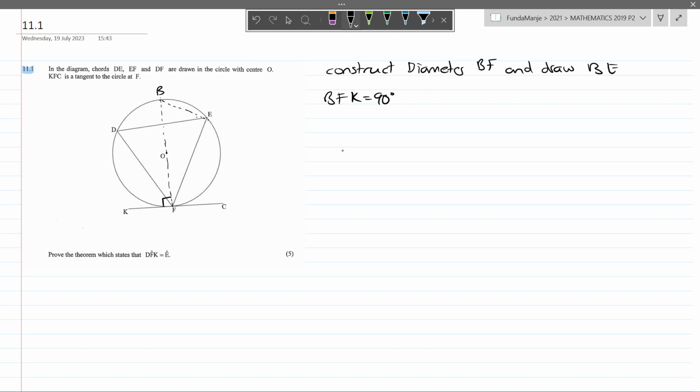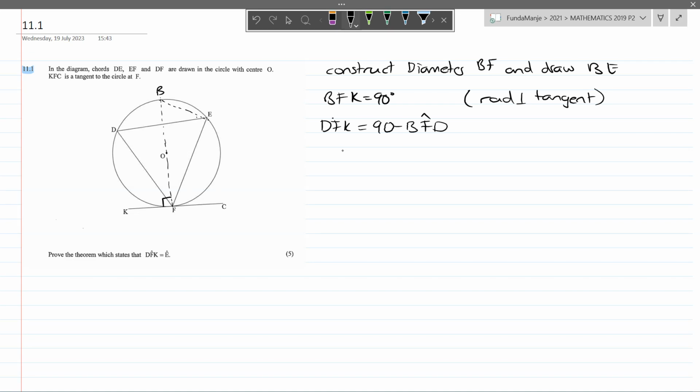So next step would be DFK is equals to 90 minus BFD. The reason for this top one is simple. That's just the radius x tangent. So whenever a radius, a line from the center meets with a tangent, they form a 90-degree angle.